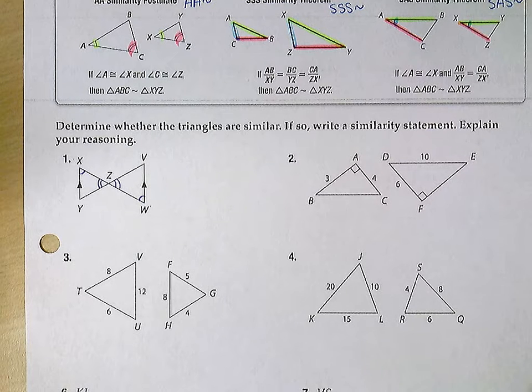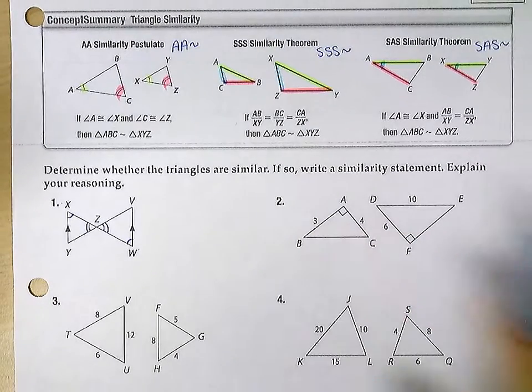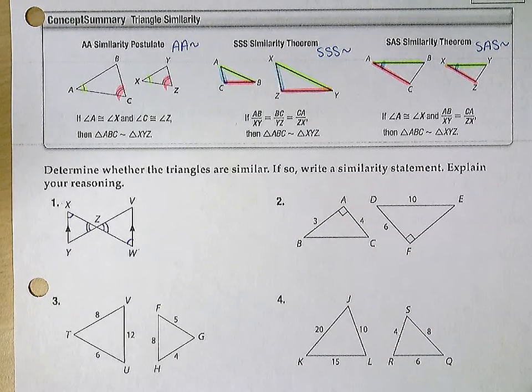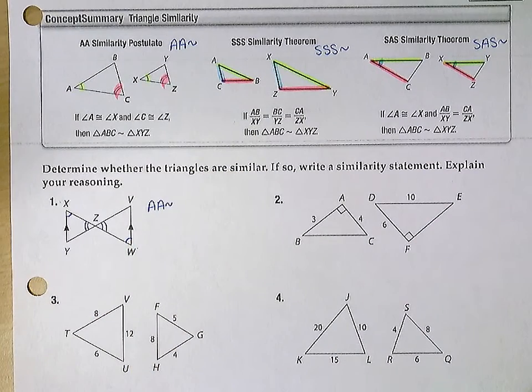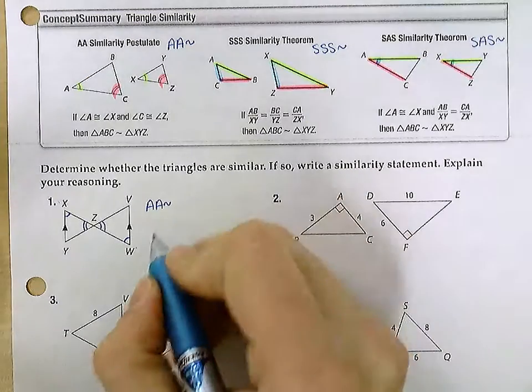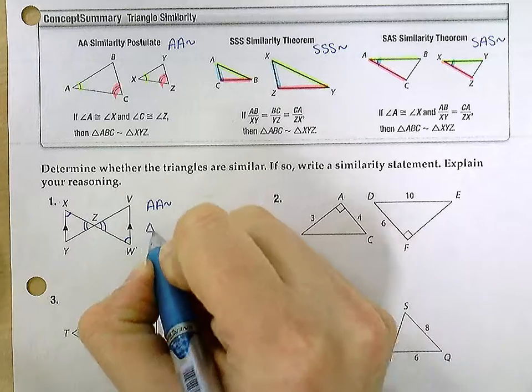So now looking at my picture here, are these two triangles similar? Yes, they are. Which one of my three postulates would prove that these are similar? The AA one. Okay, these two triangles are similar by angle-angle similarity. Now that I know that they are similar, I want to write out the similarity statement.